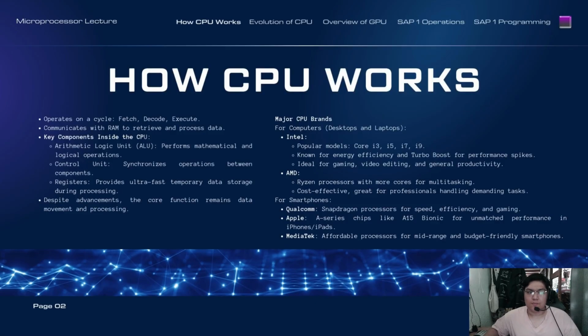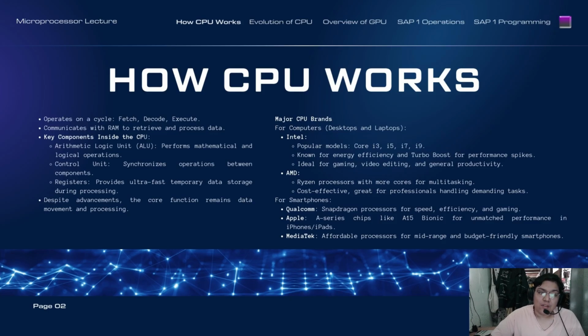So first up, how CPU works. Now, as we all know, the CPU is at the heart of the computer. It handles all critical tasks required to run software and process data. So it operates in a cycle of fetching instructions, decoding them, and executing commands. This process is tightly synchronized with the help of a clock wire that turns on and off billions of times per second.